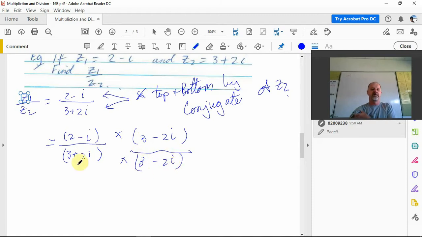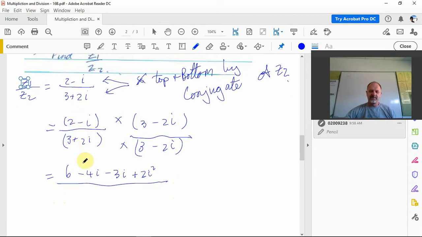Now we just expand those out. 2 times 3 is 6, 2 times negative 2i is minus 4i, minus i times 3 is minus 3i, minus i times minus 2i, minus times minus is a plus, 2i squared.